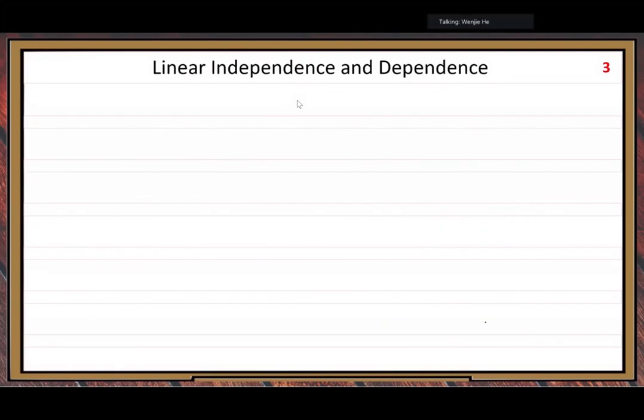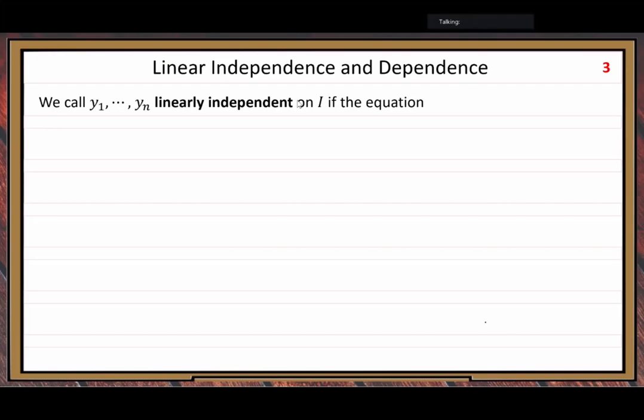Linear independence and dependence. So this generalization, the Wronskian, we generalize to the n-dimensional case, or n solution case. All right.